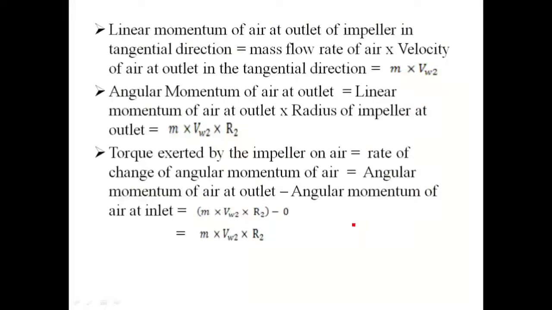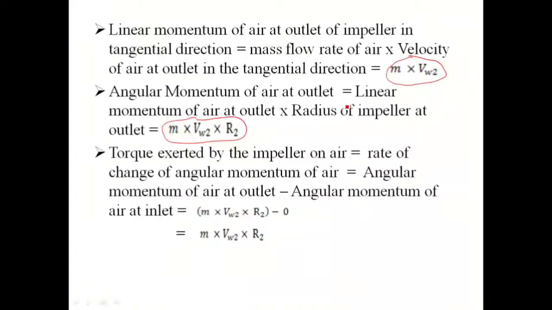At the outlet, the linear momentum becomes m into Vw2. So angular momentum of air at outlet is equal to linear momentum of air at outlet into radius of impeller at outlet, that is radius r2.